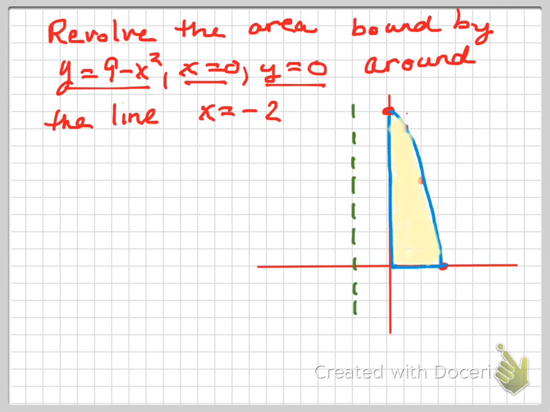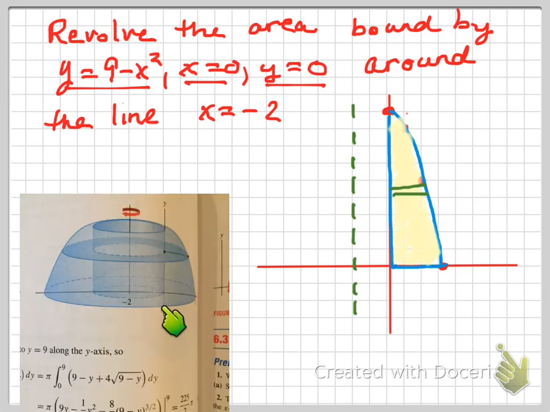And of course you're going to need horizontal partitions to get a washer out of that. So around and around, here would be one individual washer that you would make from doing that. And I'll see if I can bring in a picture for that. All right, so here's a three-dimensional picture of what it would look like if you took this and spun it around. It's drawn to a little bit different scale here, but here's the y-axis, and here's the x-axis.